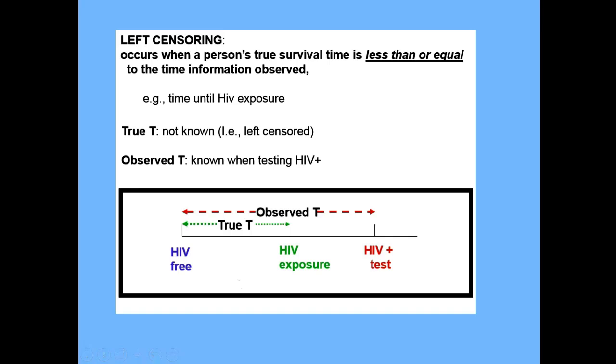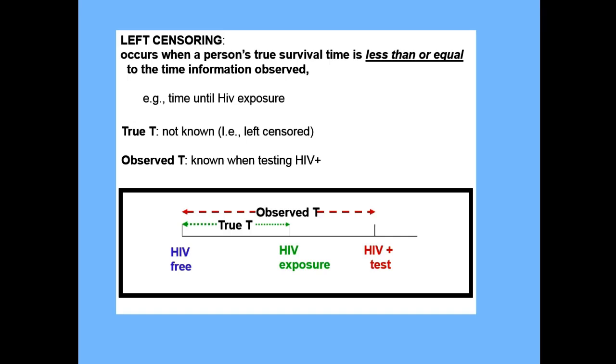Okay. Now, if you're asking the question of what's their survival time up until somebody got HIV, exposed to HIV? Okay. Think about this. Survival time until somebody got exposed. Now, how do you detect whether somebody actually has HIV?